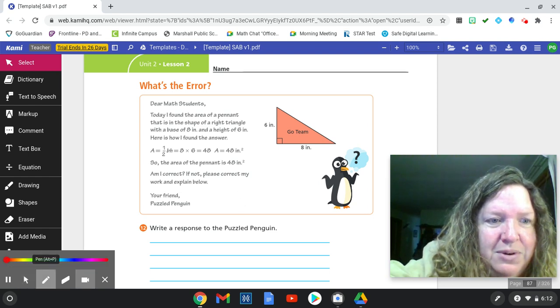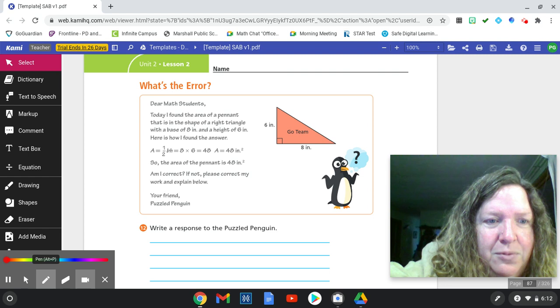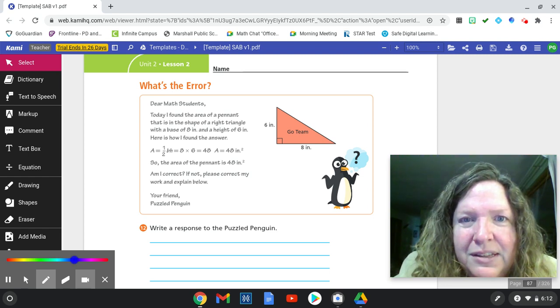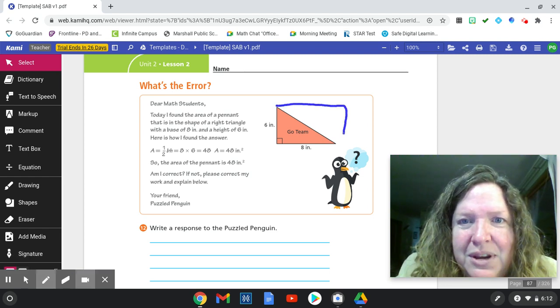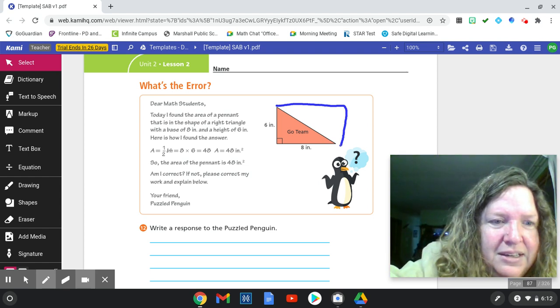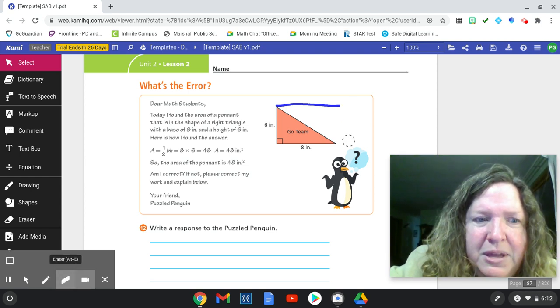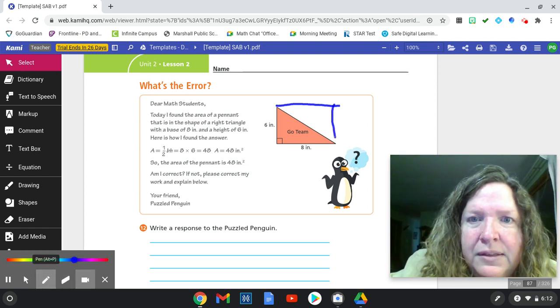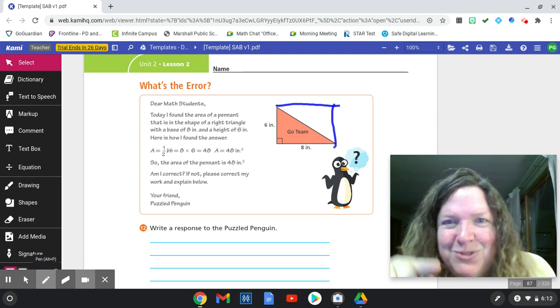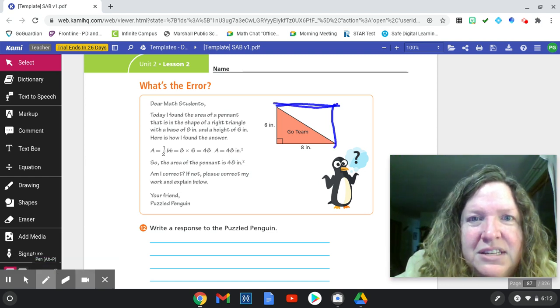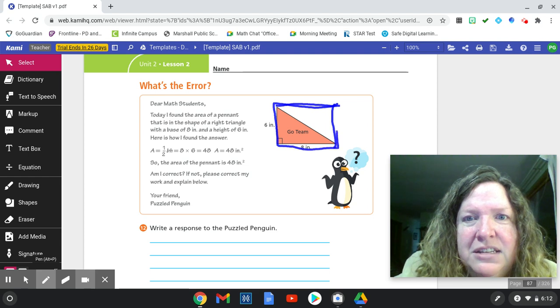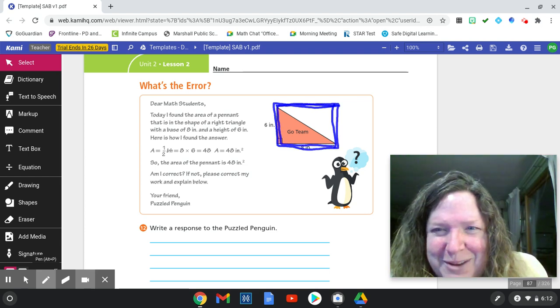Now, I'm trying to use a touch screen here for the first time with this, so let's see if I can do it. Look at that, it's working. Cool. Whoops. And I kind of overdrew it there a little bit. There it is. So there's his rectangle. He just extended that pennant into a rectangular shape.